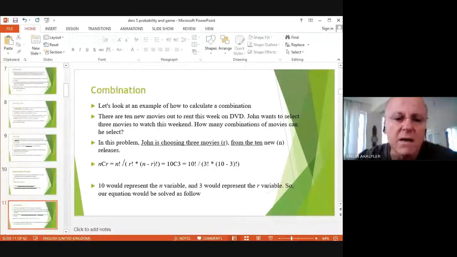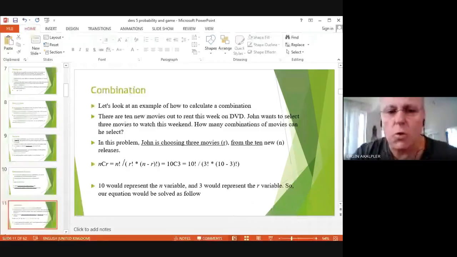The example, we are looking at the DVD combination. You see this example? Okay, let's look at the example given below.